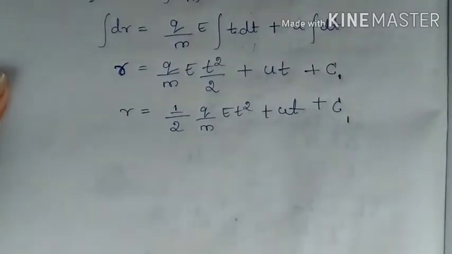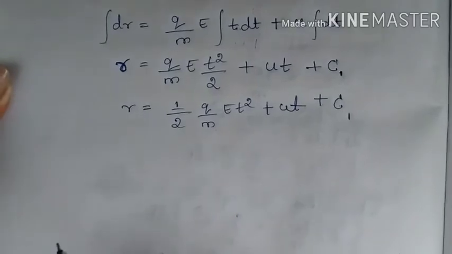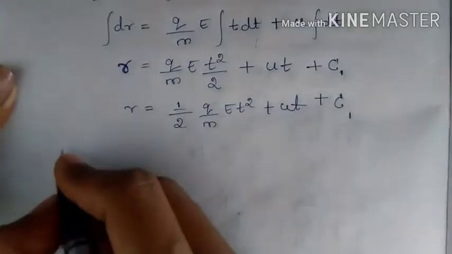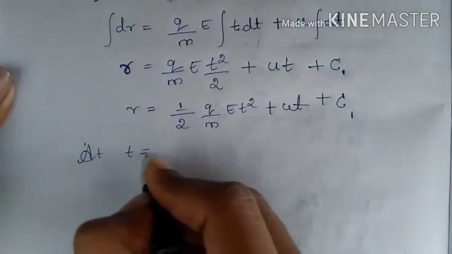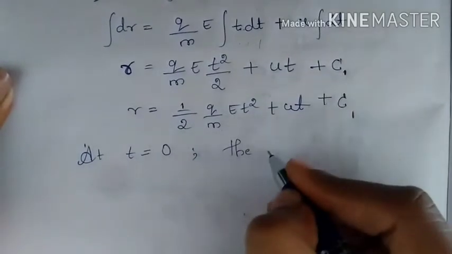Now let us assume again that at time t is equal to 0, the position of the particle is given by r naught.